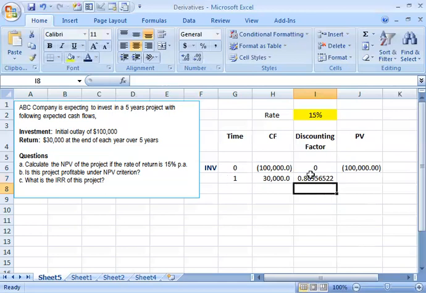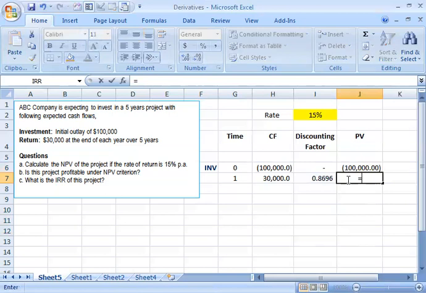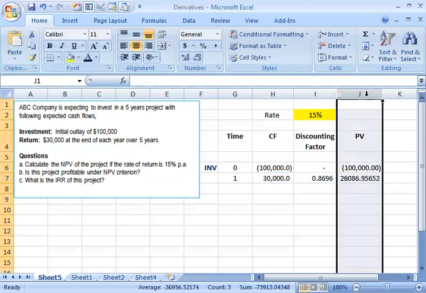So this is the discounting factor. I will keep it to 4 decimal places. You can change the decimal places from here. Finally we have to multiply the cash flow value by the discounting factor. I will keep it to 2 decimal places.